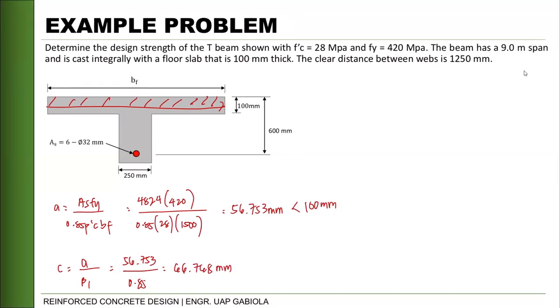And then we can now calculate our strain. Our tensile strain is 0.003 times D minus C over C. So substituting yung values natin, 0.003 times 600 minus our 66 over 66, that is 0.02396.